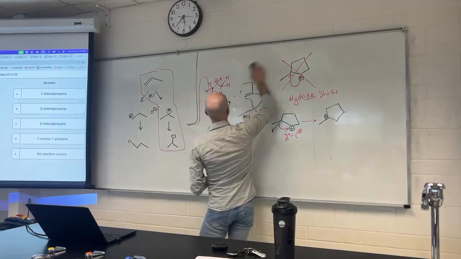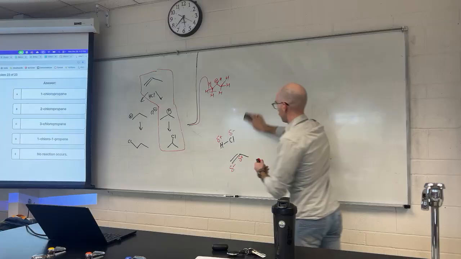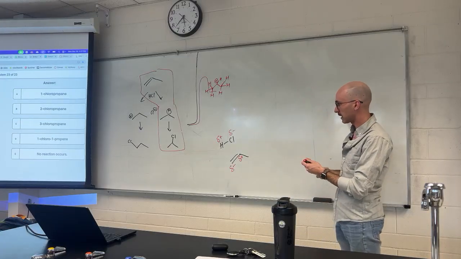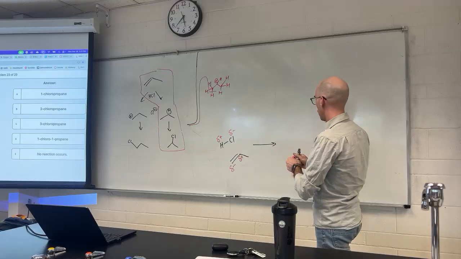In fact, why don't we go from here into the mechanism? So if you guys could please copy this down. If you like to copy down the charges, that's okay.